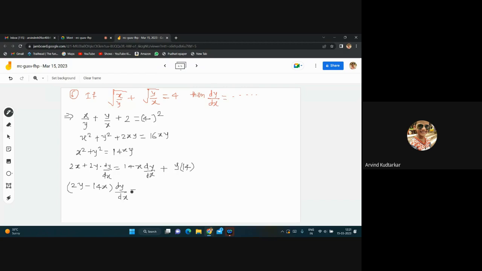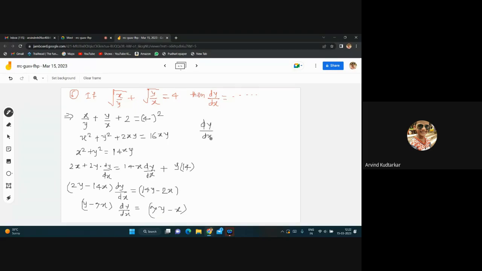Now on both these sides, we get the scalar 2 as a common factor. Here also 2 is common, here also 2 is common, so cancelling 2 on both the sides, there will remain only (y minus 7x) into dy by dx is equal to 7y minus x. They ask for dy by dx. So what is that dy by dx?